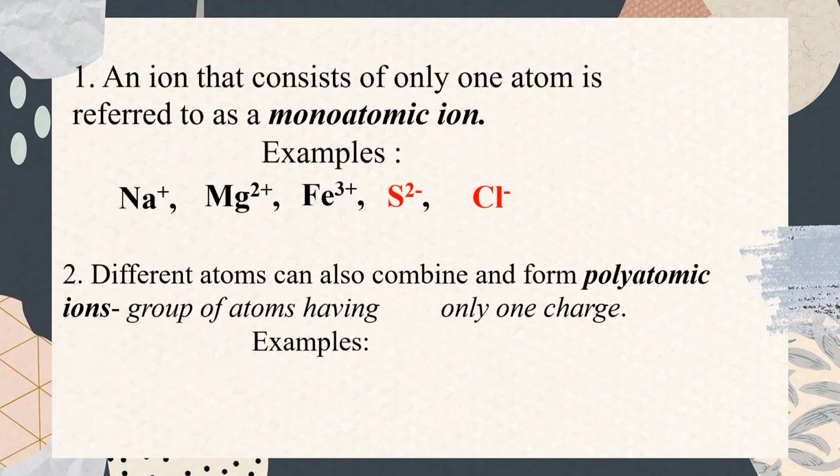Different atoms can also combine and form polyatomic ions. Polyatomic ions are also called radicals. These are groups of atoms having only one charge.